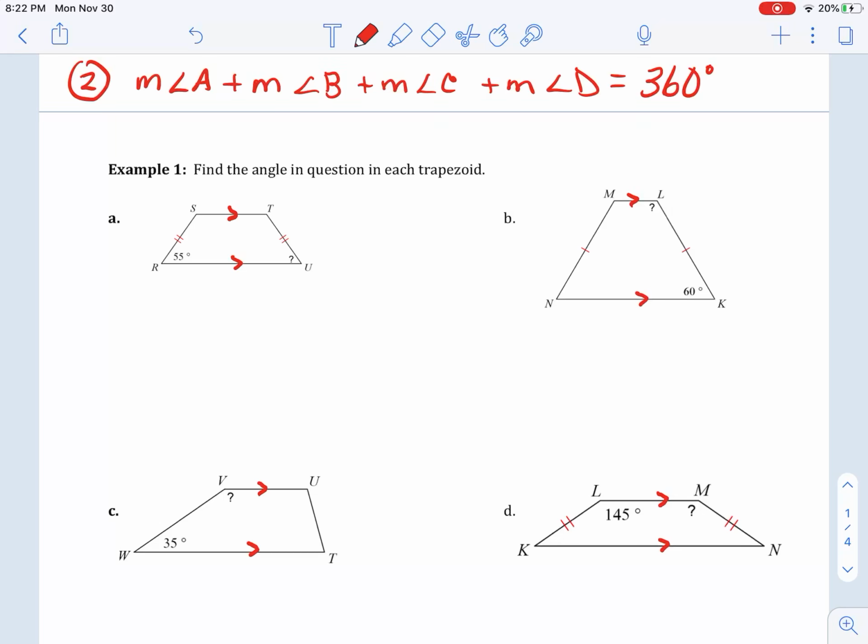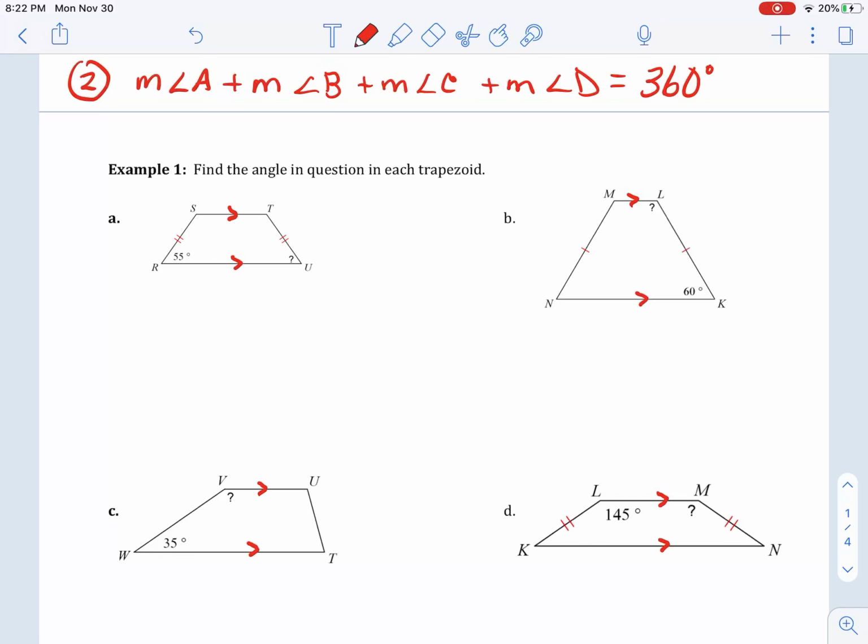So remember, the angles that are running along our parallel sides are considered our base angles, and the angles running along the non-parallel sides are considered our leg angles. So our base angles in an isosceles trapezoid will be congruent, and our leg angles in any trapezoid will be supplementary.